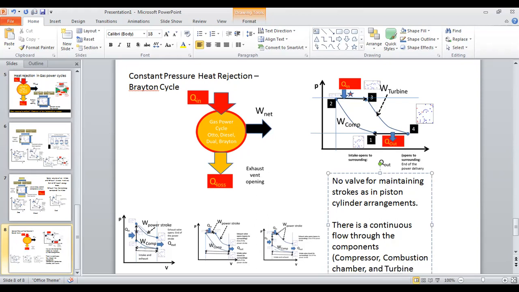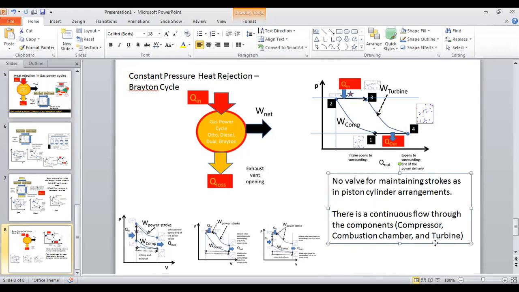So after turbine, it's leaving for exhaust. So in short, all the components are considered open. Since it's a complete system, we will say it as subsystems. All the components are considered subsystems.